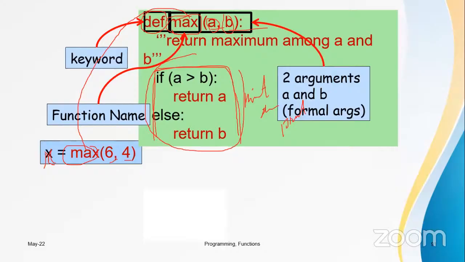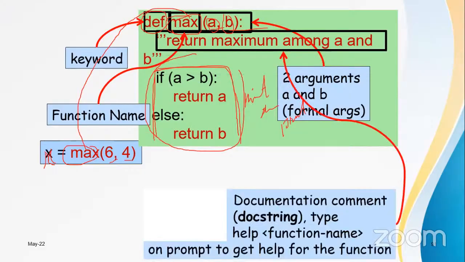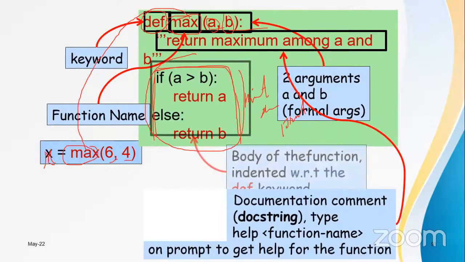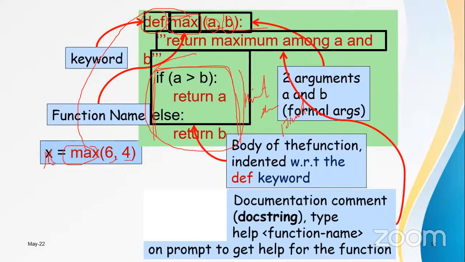These are the two arguments. This is the comment, a docstring. It says what it really does. This is the body of the function. That will always be indented. It will be within. Can you see there is a space here?